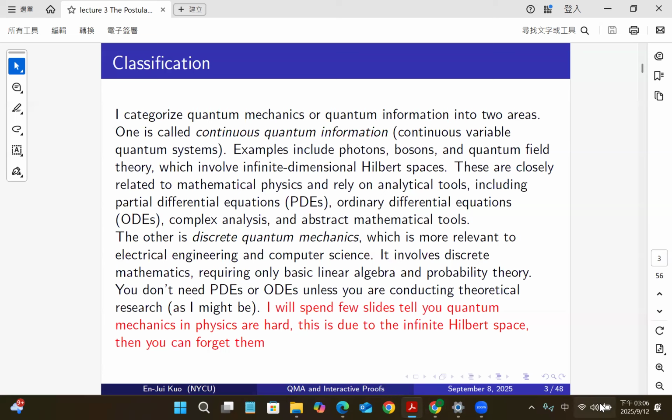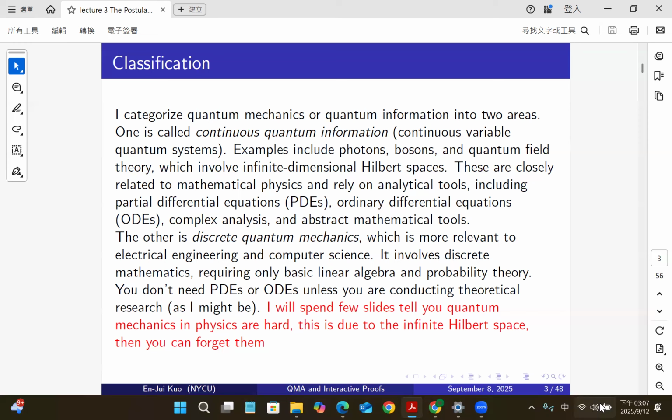These are like photons or bosons, or even simple quantum field theory. It involves infinite dimensional Hilbert space. These continuous variable quantum systems are more related to so-called mathematical physics, and rely on some analytic tools, like partial differential equations, complex analysis, and maybe sometimes more abstract algebra, and mathematical evolution.